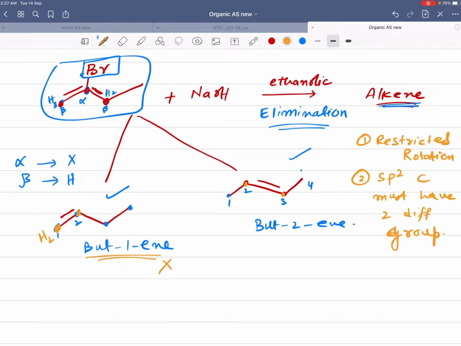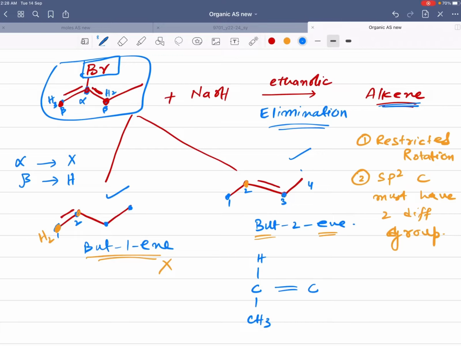But if we look at this structure, in this structure carbon number 2 and carbon number 3 are making the double bond. And if I draw the structure in structural form, this is carbon number 2, this is carbon number 3. Carbon number 2 has one CH3 group attached to it, and the other atom would be hydrogen.